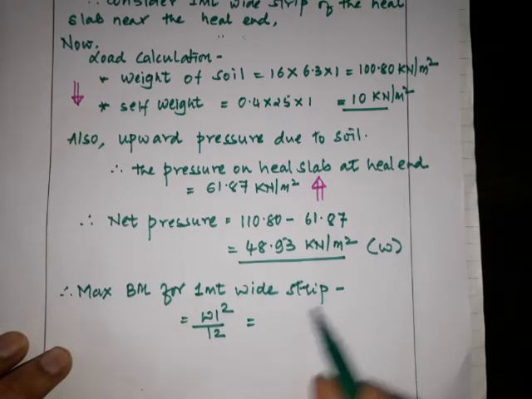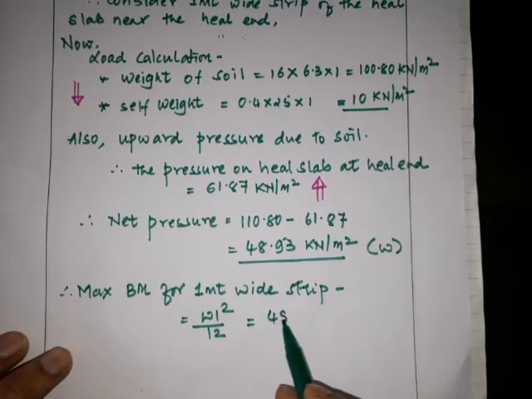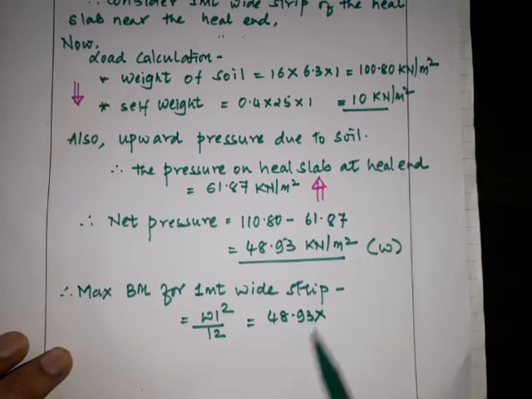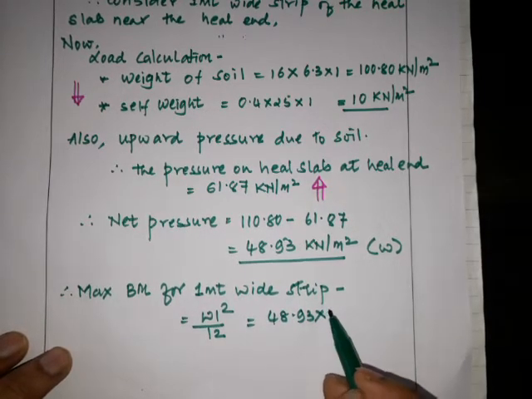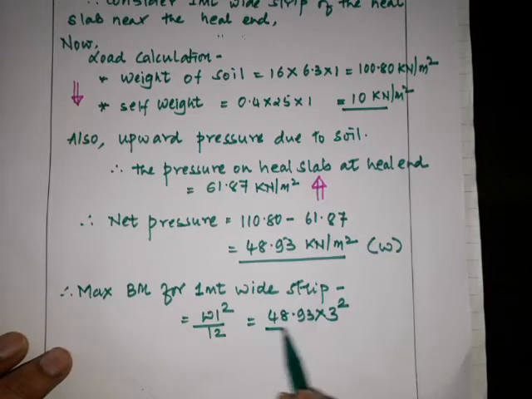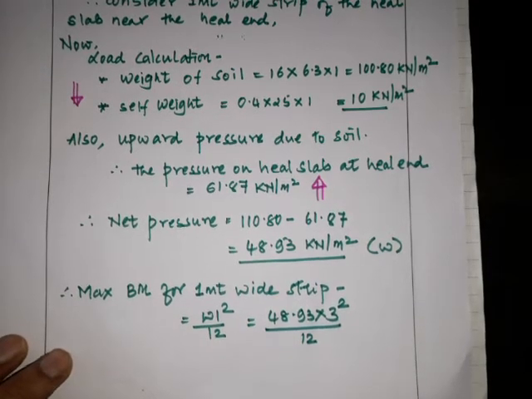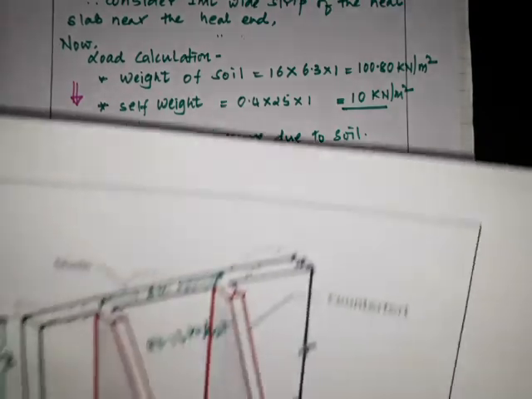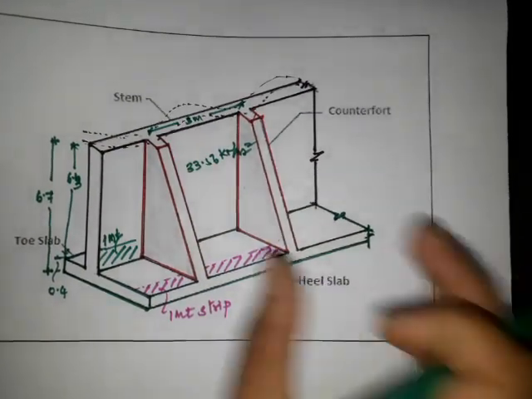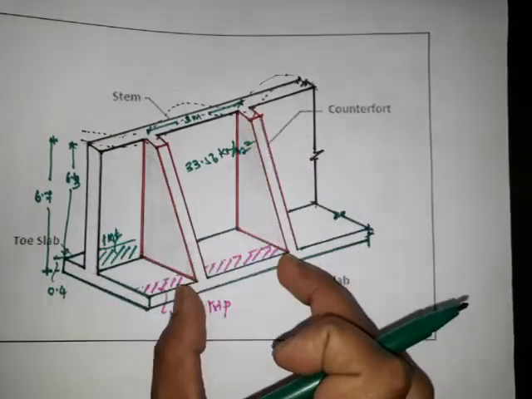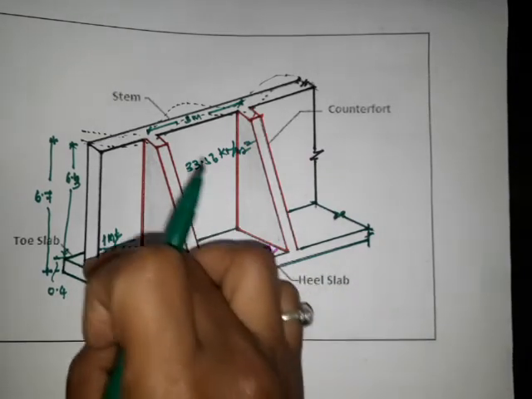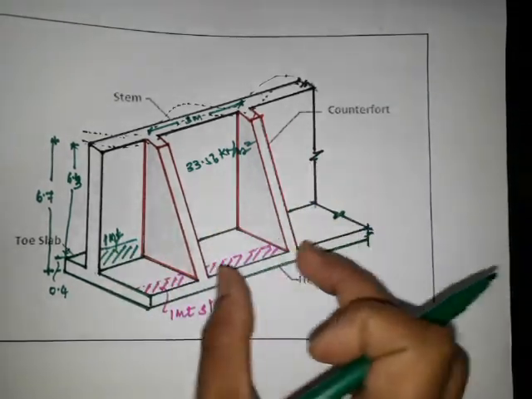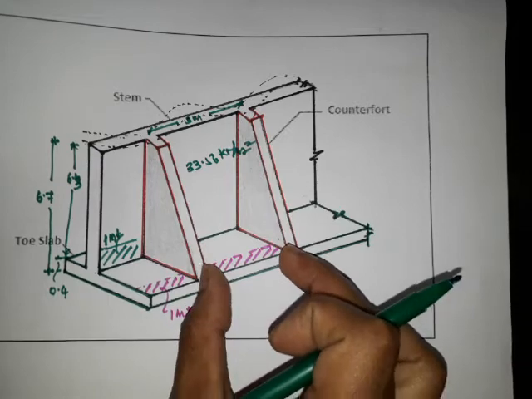So W here it is 48.93 into L, which is 3 divided by 12, correct, because the center to center span between the counterforts is 3 meter, and we are designing as a continuous slab, so span is 3 meter, so WL square by 12.